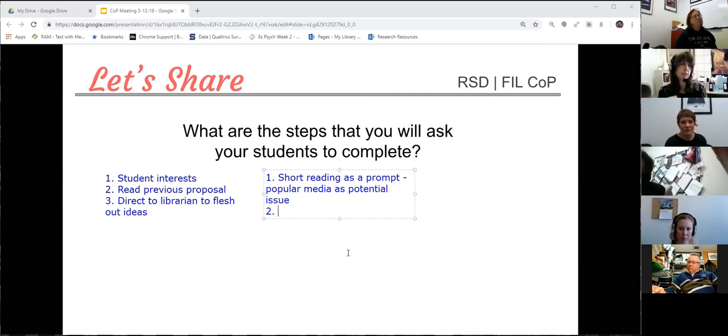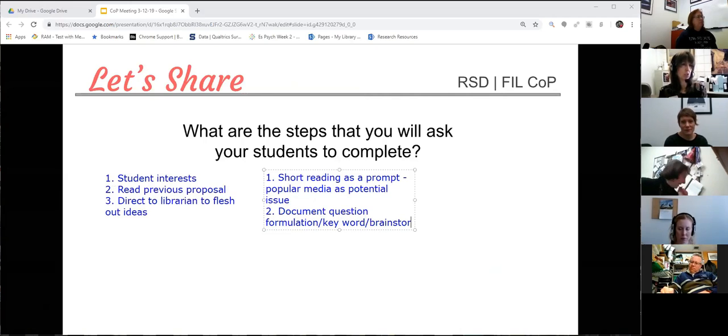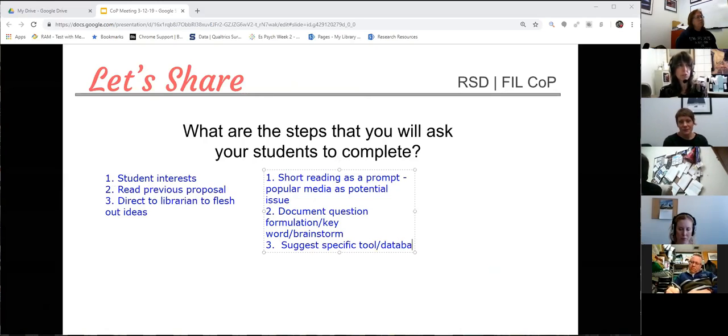Having them document the whole question formulation, brainstorming, keyword, search term generation through some sort of worksheet, and then suggesting a specific tool or database to try out the searching in, and then collecting and documenting the resulting information. That's pretty much, as a librarian, as far as I take it.